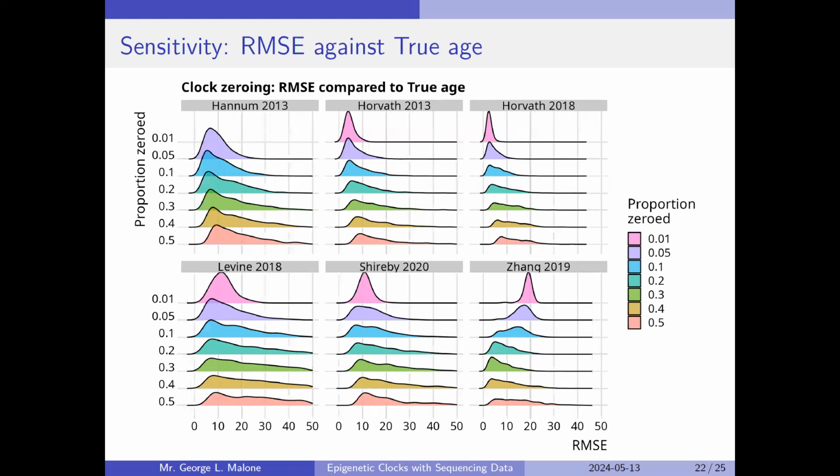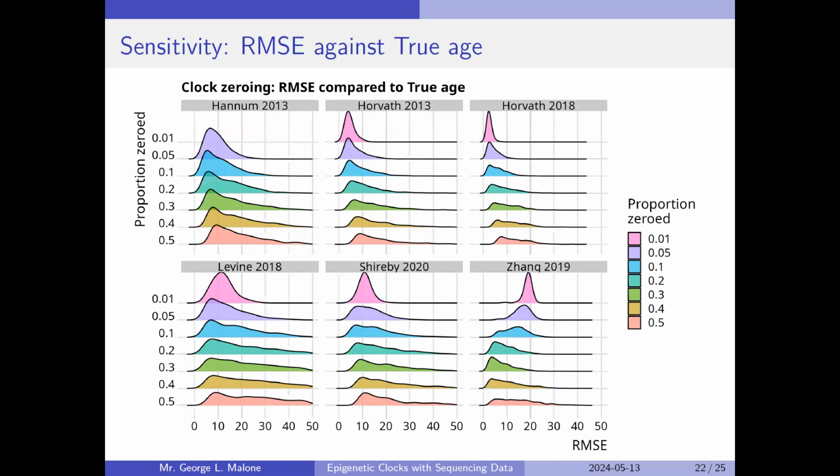We see a bit of a similar picture for the errors against the true age, but here we see something particularly odd. This is heralded by the mostly negative values for Zhang for the full model and for very little data loss. All the others, again, completely dissipate.